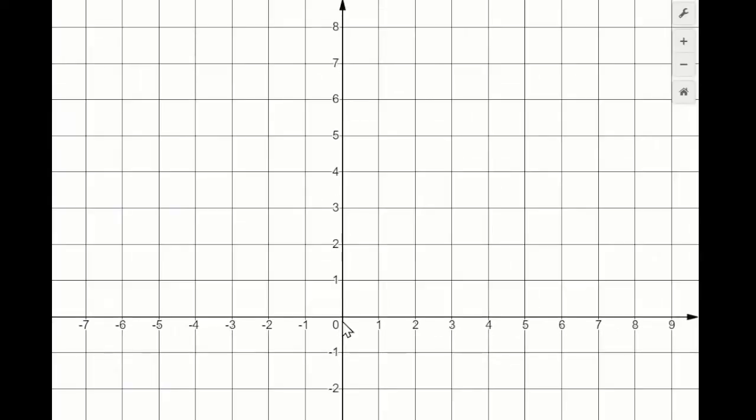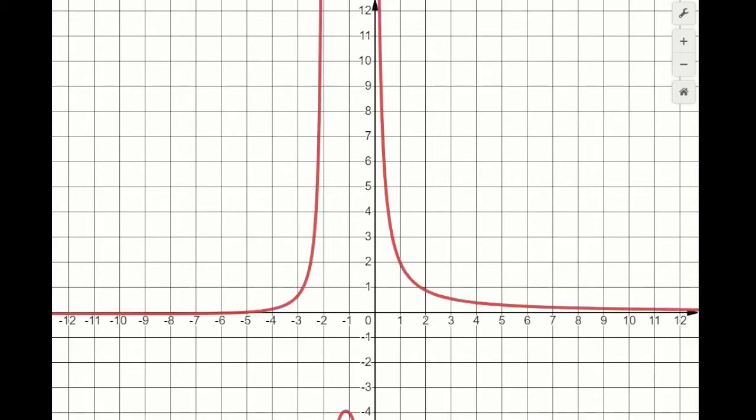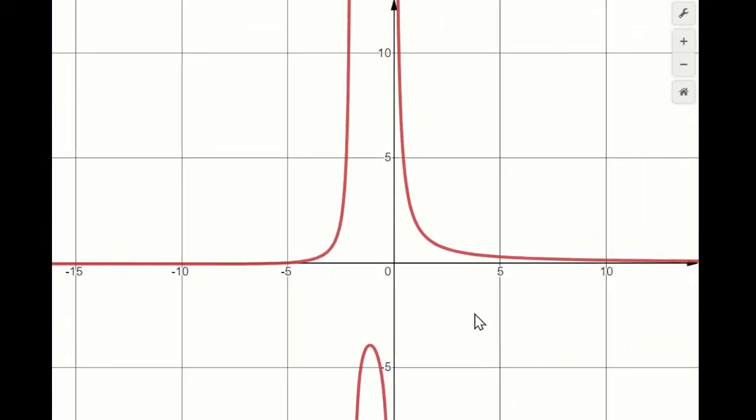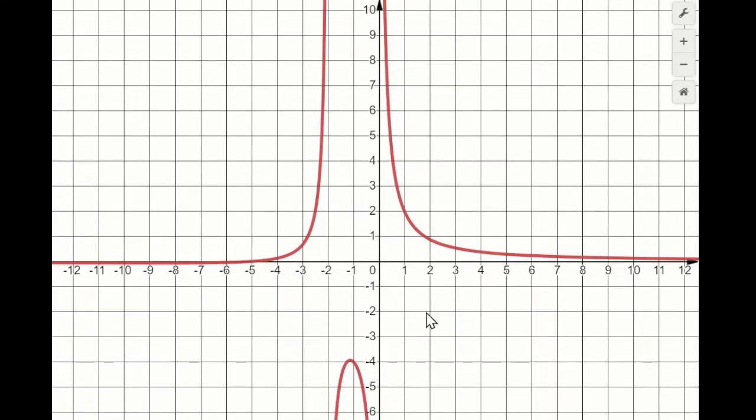On the empty graphing screen, this is now our graph for x plus 5 over x squared plus 2x. Combined with our past learning regarding rational functions, this particular function has a vertical asymptote.